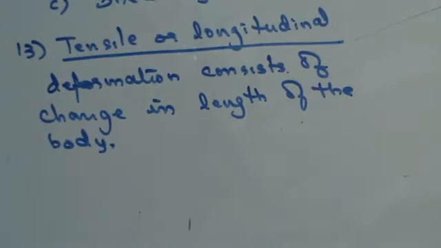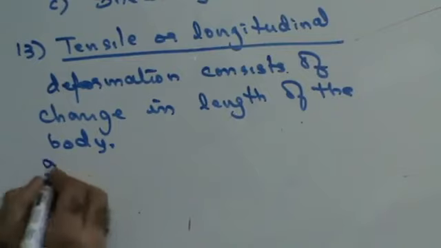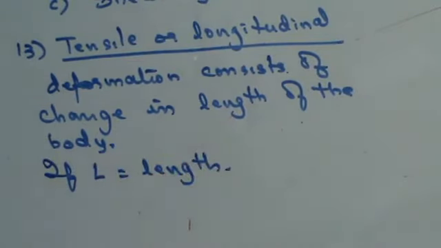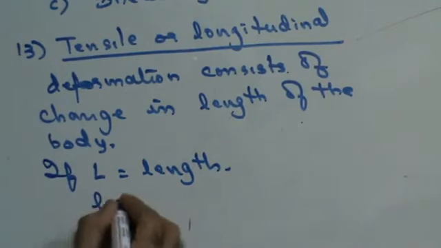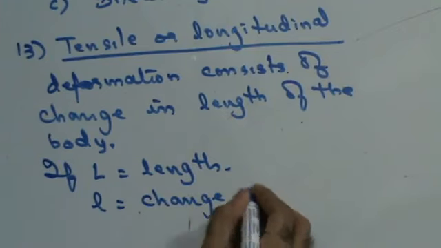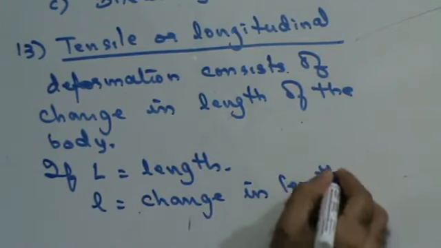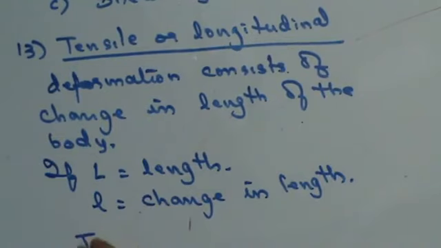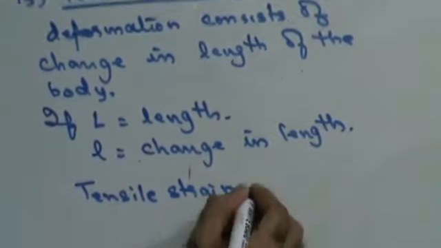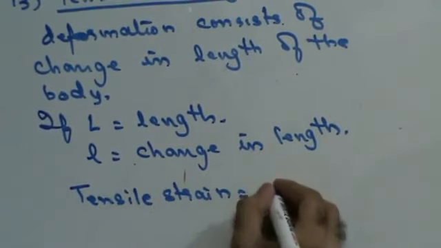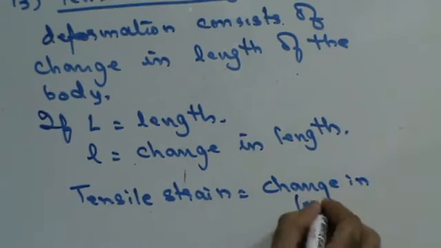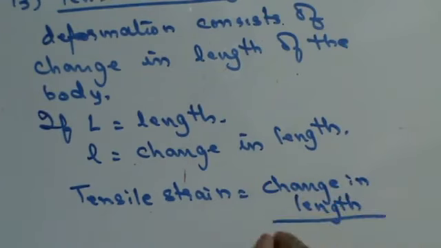Right? So in that case, if L is the original length of the body and small l is the change in length due to the applied force, then tensile strain is nothing but change in length upon original length.